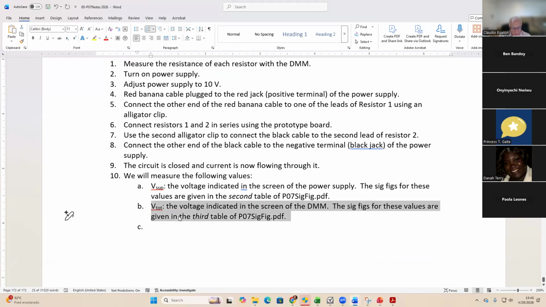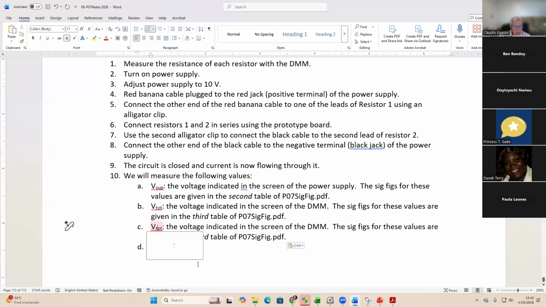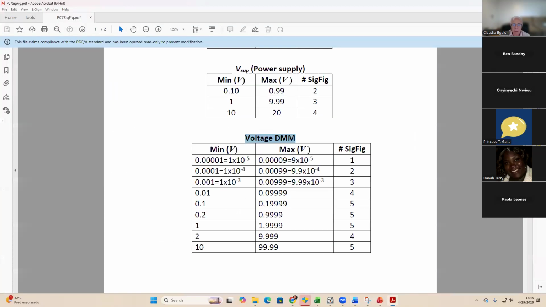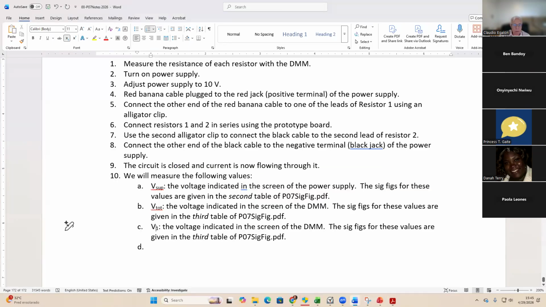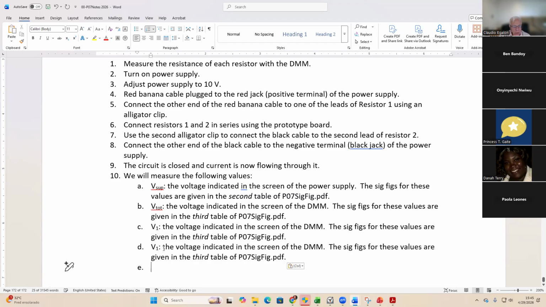Then we have V1 of the DMM. The sig figs for these values are given in the third table again. And then we have V2, which is the voltage across the second resistor, in the third table as well.